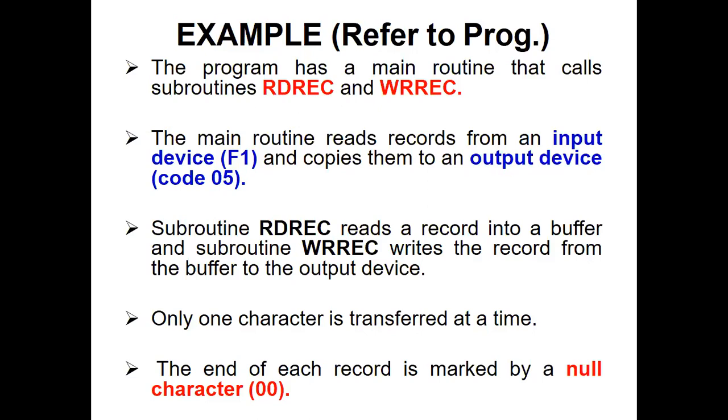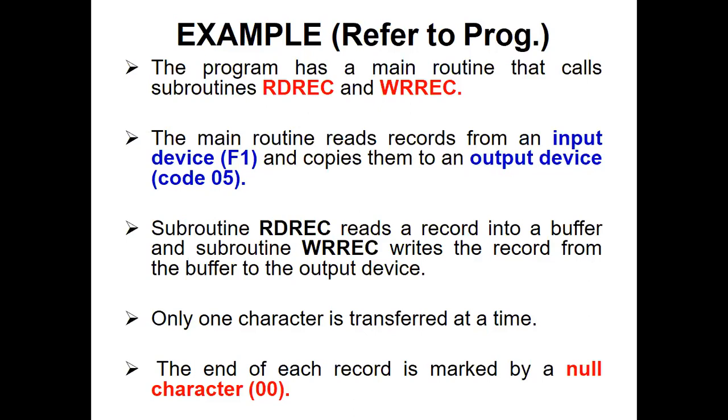It is like the previous example which we saw, where we read a record and put the characters which we have read into memory. So this one is also going to be reading. The function RDREC reads a record from an input device, and when it reads it, it copies it into memory.